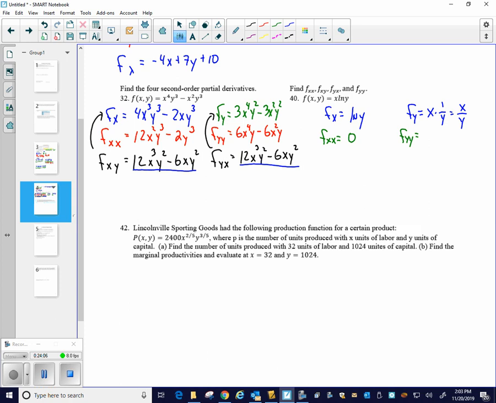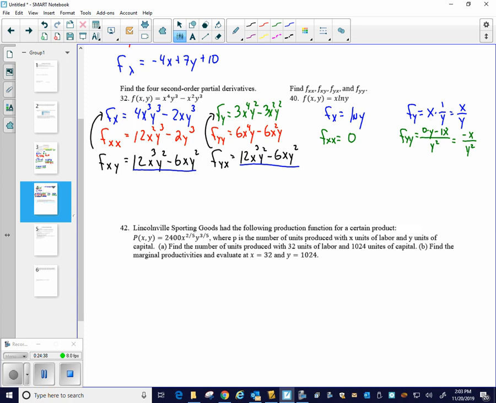So using the quotient rule, the derivative of the top is 0 times the bottom, minus the derivative of the bottom, the derivative of y is 1 times the top, all over the bottom squared. If I simplify that, that's 0 times y, that's 0, minus x, so that's minus x over y squared.